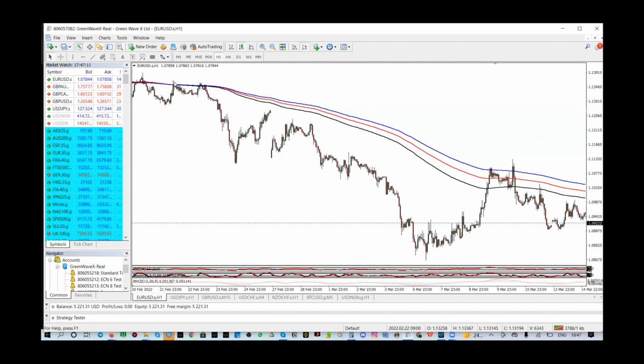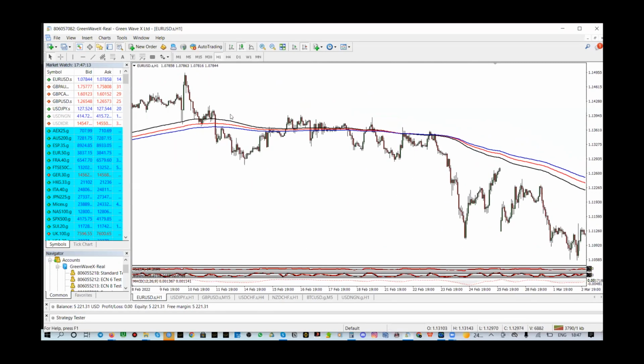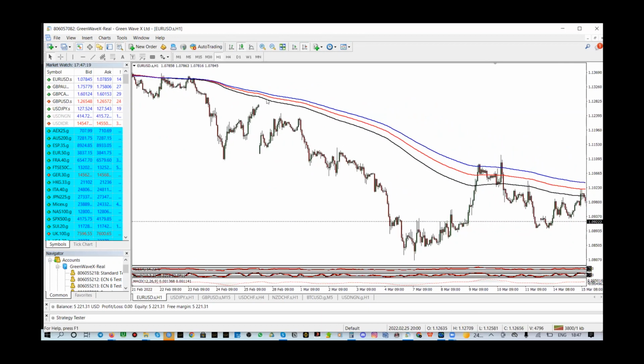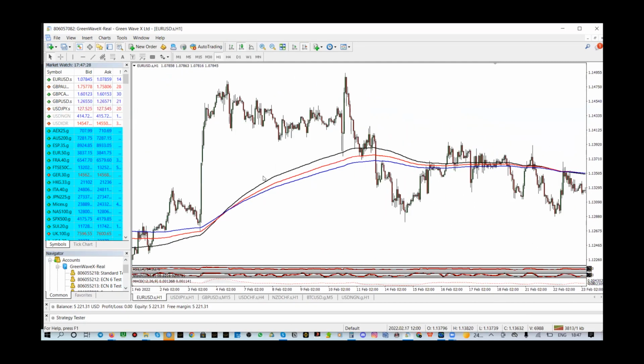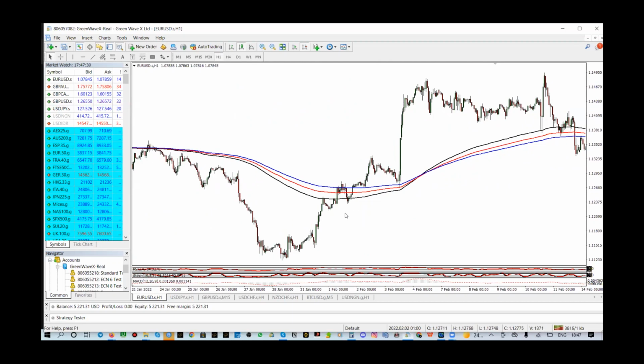Another example is here. You see price breaks below here, makes some correction, but this is kind of sideways. But let's look at the better example. The price continued the bearish trend and came here and then got some resistance there and then dropped down. Okay. Another example here, this is a very good example. Price broke upwards with several candles up, makes a correction to the band and then shoots up.